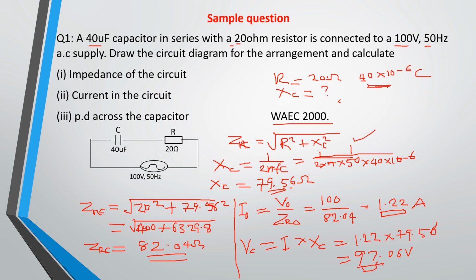Okay, so guys, that is it, and that is how to go about this type of questions. So you can also see how all the equations are related. Okay, so we'll take another question.